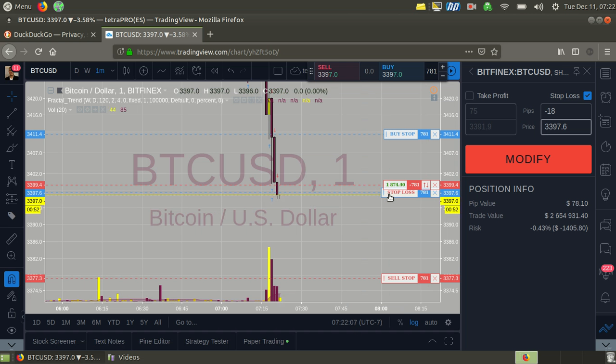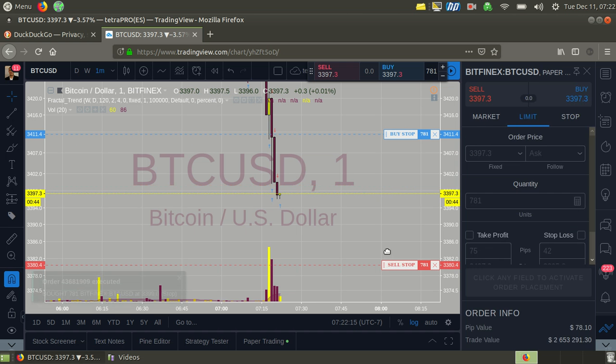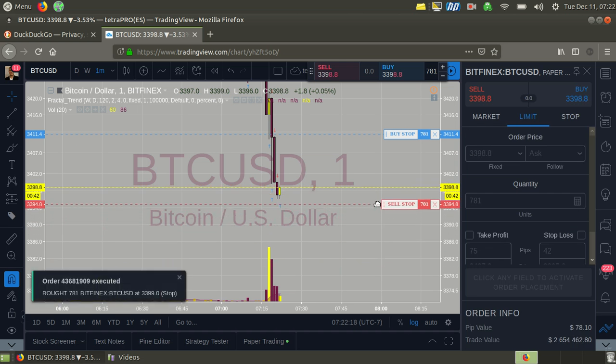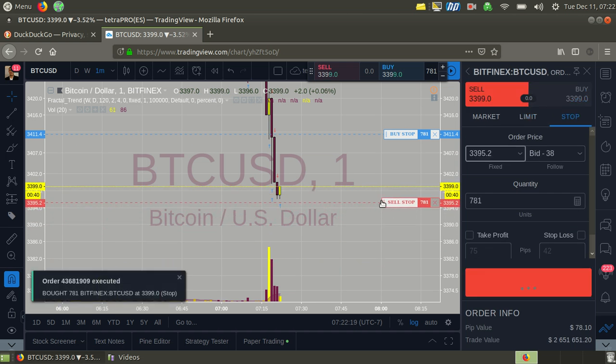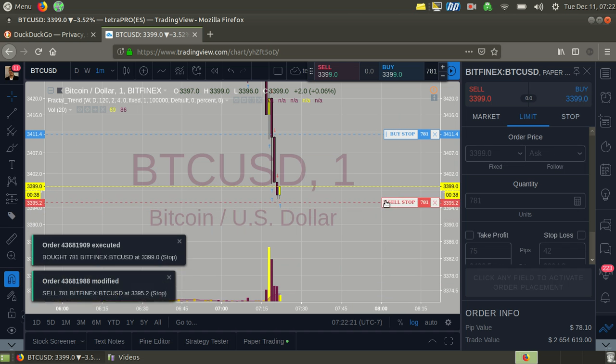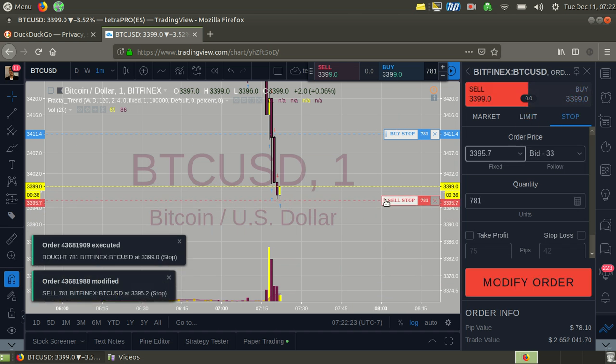Can I do better? Nope. So it took us off the table, so I move my next sell stop down, my next line. I'm getting ready. See, we're putting bait in front of the market.